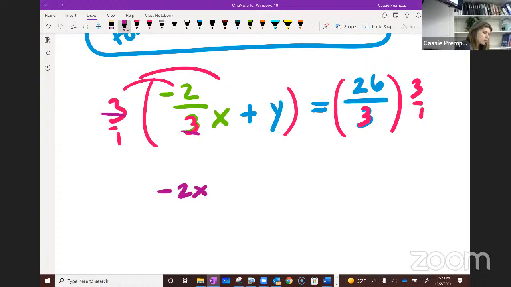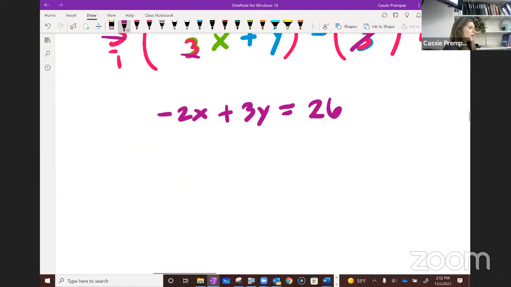I do need to distribute, so I'd have plus 3y is equal to 26. And what would be the last thing we'd have to do to put this in the standard form? Divide everything by -1, or you could say multiply everything by -1.